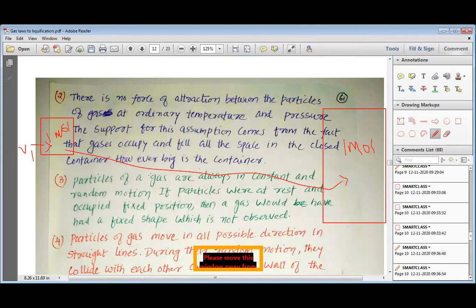The same 1 mole of gas will now have the volume V2, which is the volume of the bigger container.